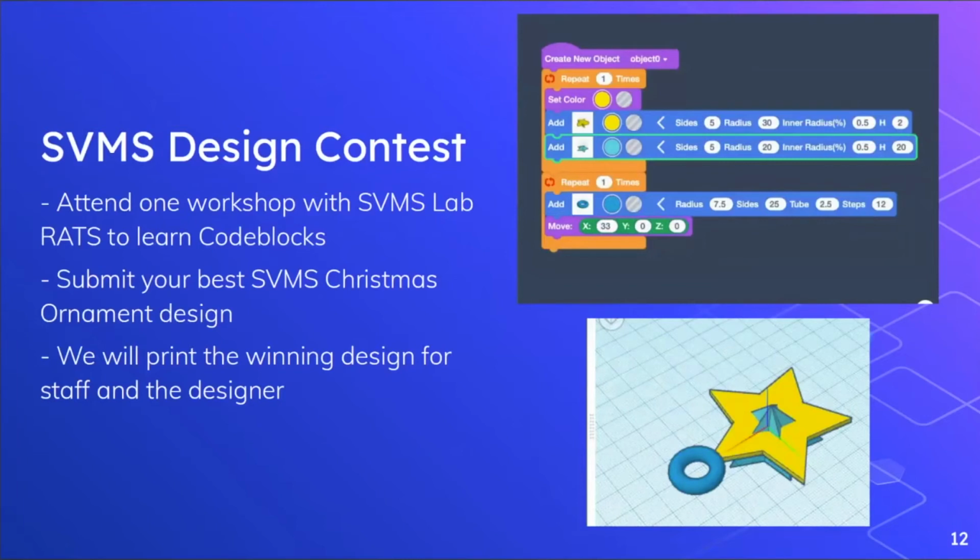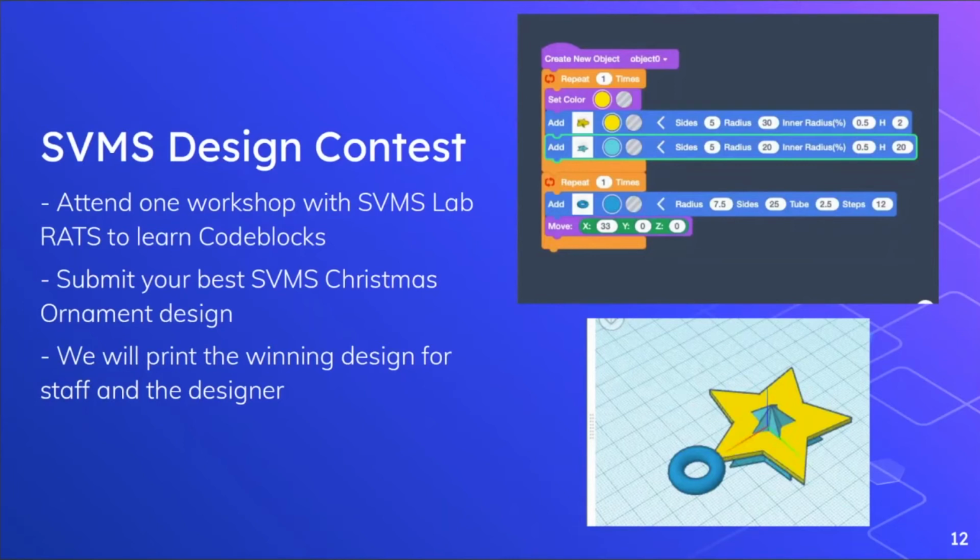So to take us into Computer Science Ed next week, we decided to bring in the code blocks. Unfortunately, I don't have a club focused on this yet, but we will be doing this in my 6th grade computer science class as of next week as well. We decided to use the code blocks to drum up some excitement next week. So we're actually going to allow students to design the South Vermilion Middle School Christmas ornament.